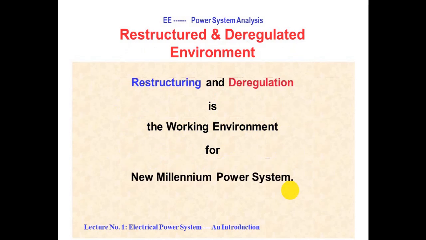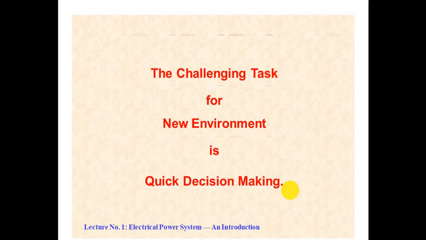This is just a hope that we will move to the future power system, moving toward a smart grid environment, in which the main target is to make everything independent, including the customer, the generation and transmission, in every aspect of the power system, so that we may see a lot of improvement in the power system. But the challenging task for the new environment is the quick decision making that we have to follow.